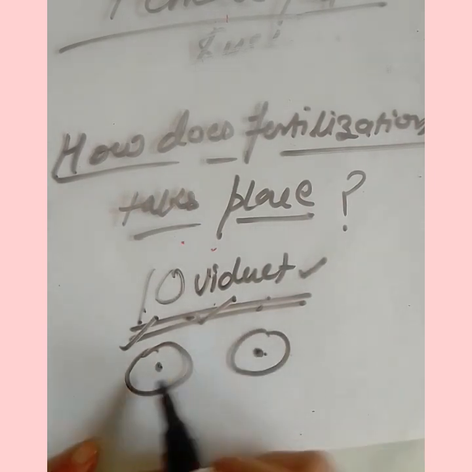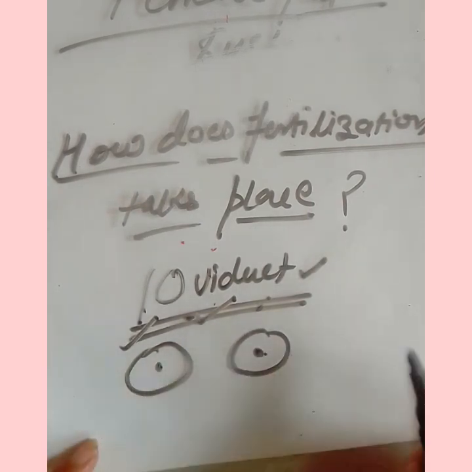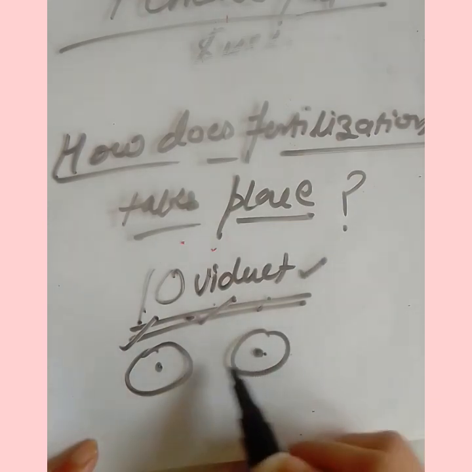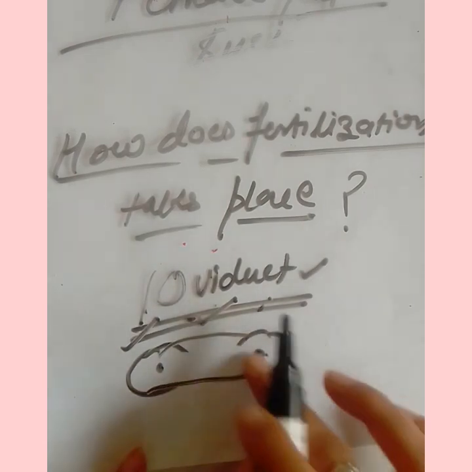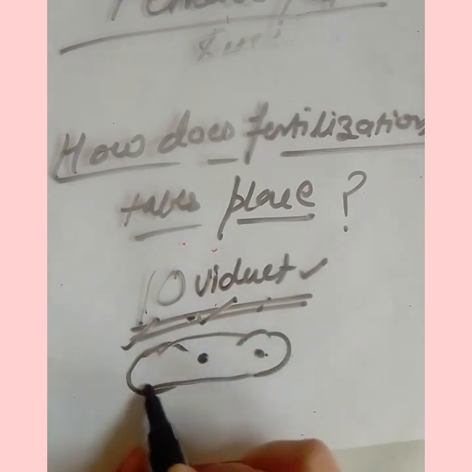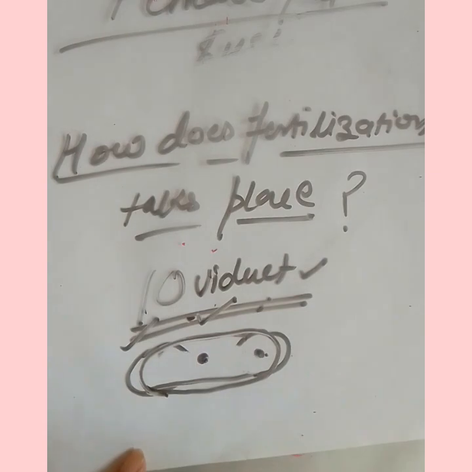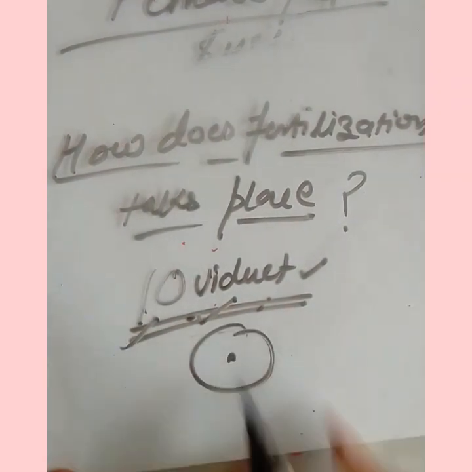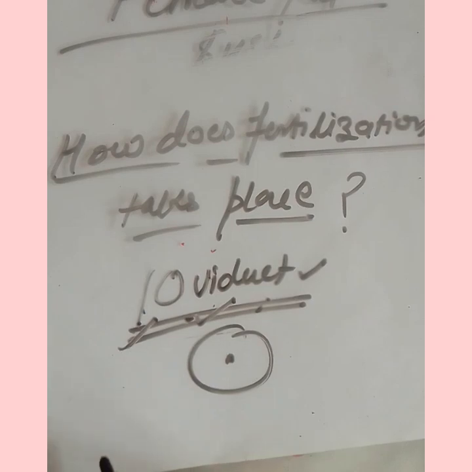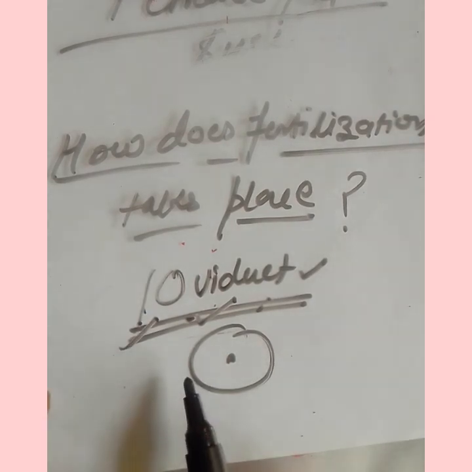These nuclei will fuse together first and become a single nucleus, and the common wall will dissolve and a single structure will be formed, roughly oval in shape. The resultant structure is called the zygote.